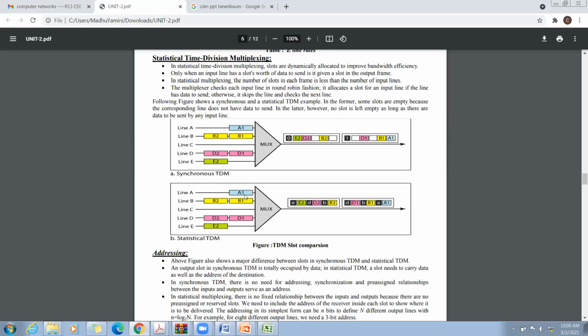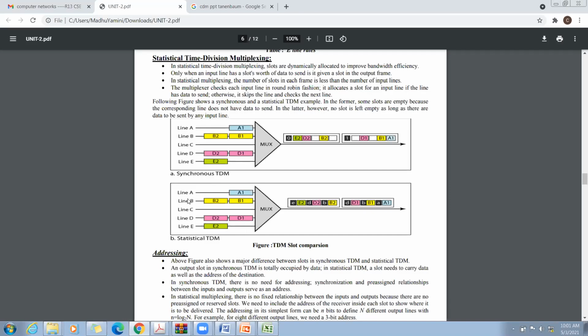Observe this time slot. A is transmitting, B is transmitting, C is not transmitting, E is not transmitting. Only A, B, D are transmitting. That is, C and E are not transmitting the data. In the resultant frame, the slots are allocated only for A, B and D.